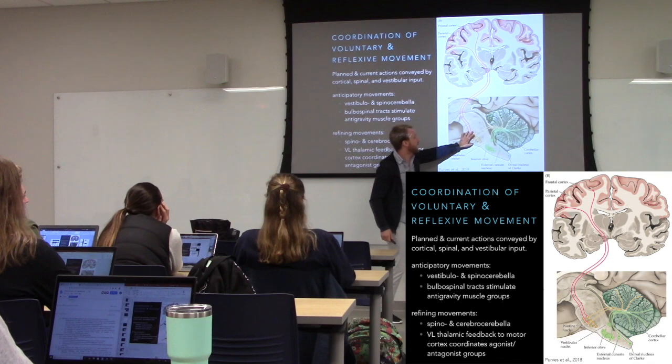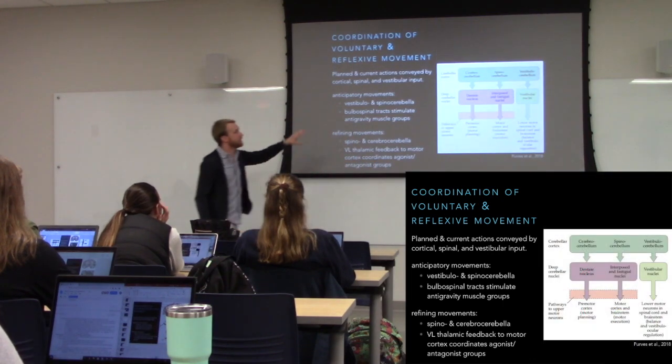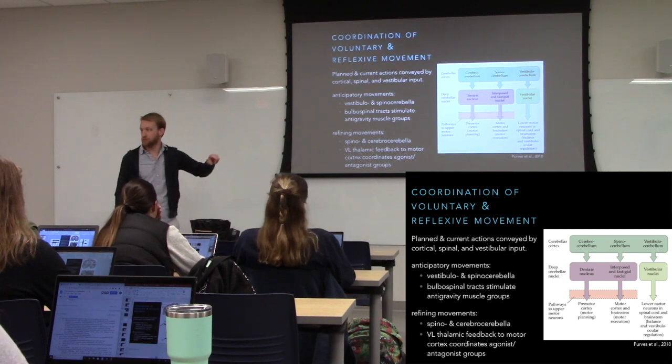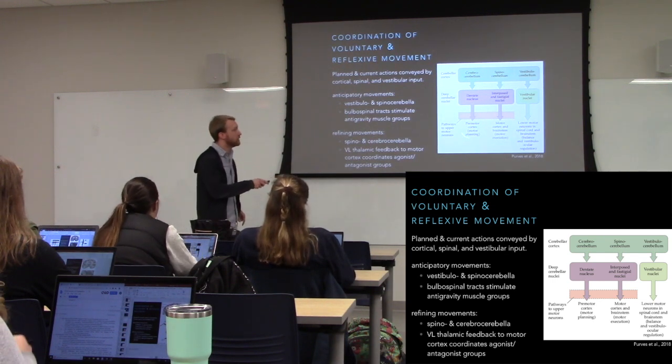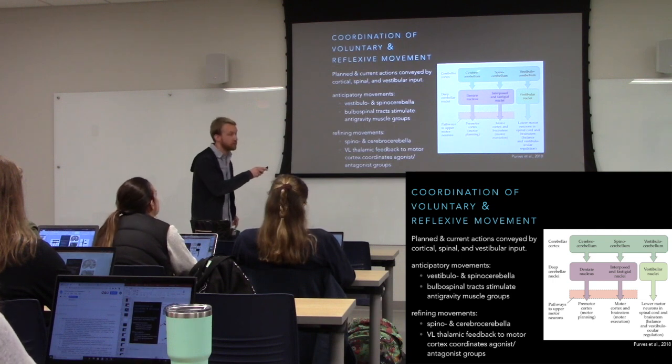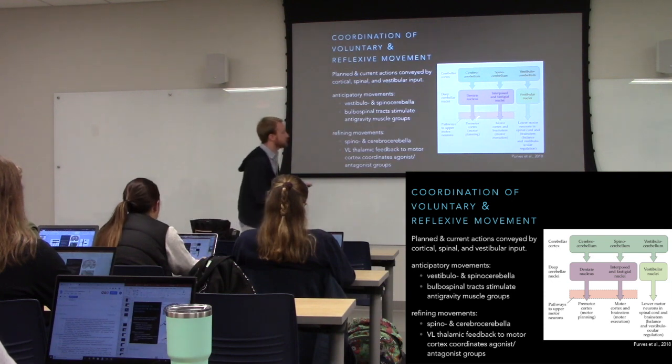That, along with our planned actions, goes in. We're going to target different areas, like we just went over, in order to refine our movement. That's going to be mostly in that more lateral portion, the dentate, goes on up to the cortex via the thalamus. We're going to get some automatic movements and we'll maintain balance.